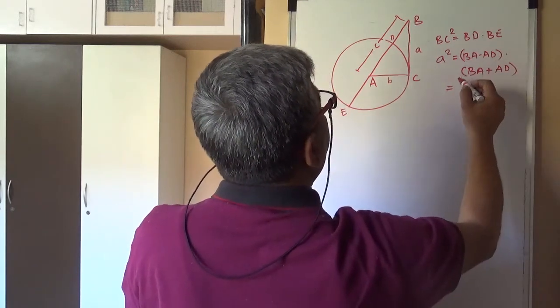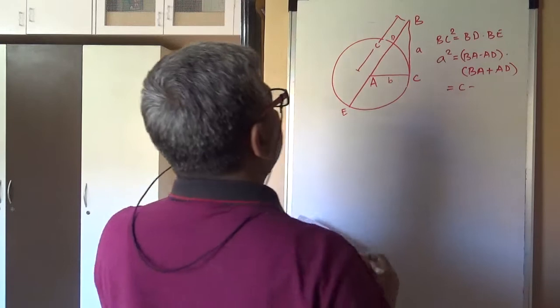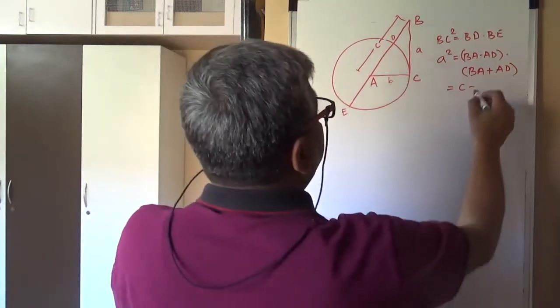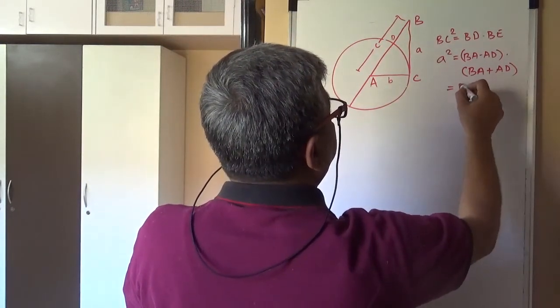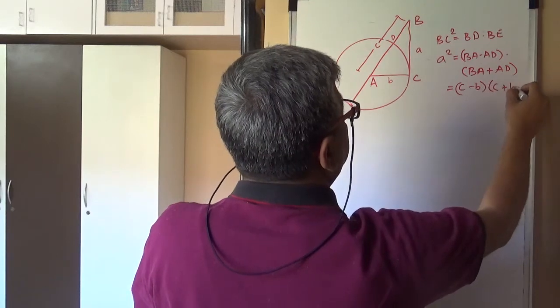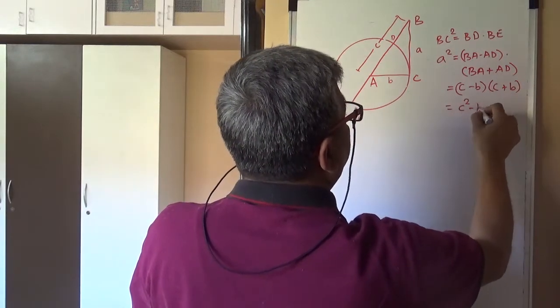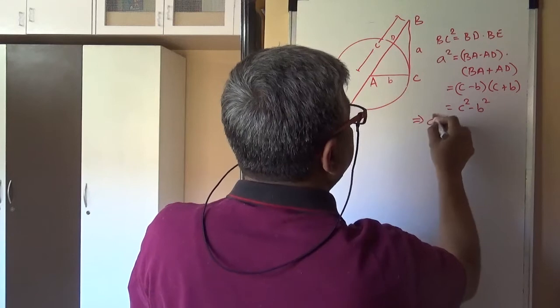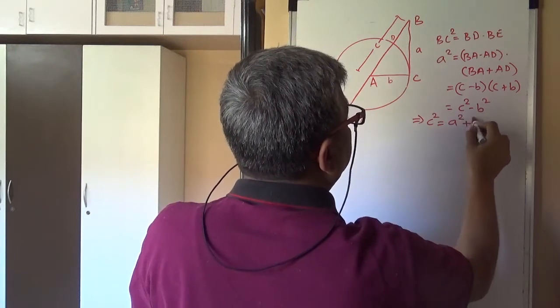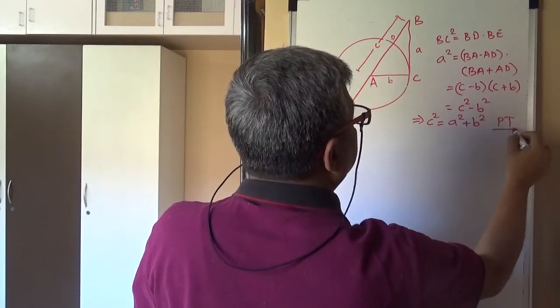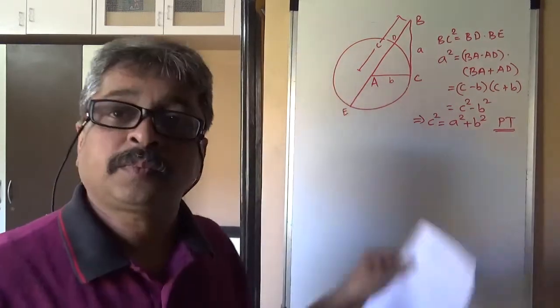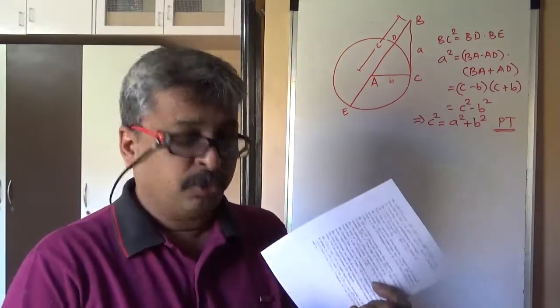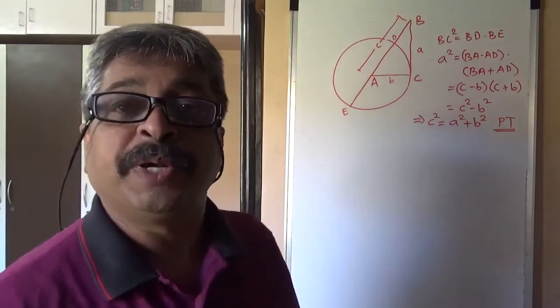So BA is small c, AD is radius, therefore it is small b: c minus b times c plus b. We get c square minus b square equals a square, which implies c square is equal to a square plus b square, Pythagoras theorem. Another proof of Pythagoras theorem using PA into PB is equal to PT square.